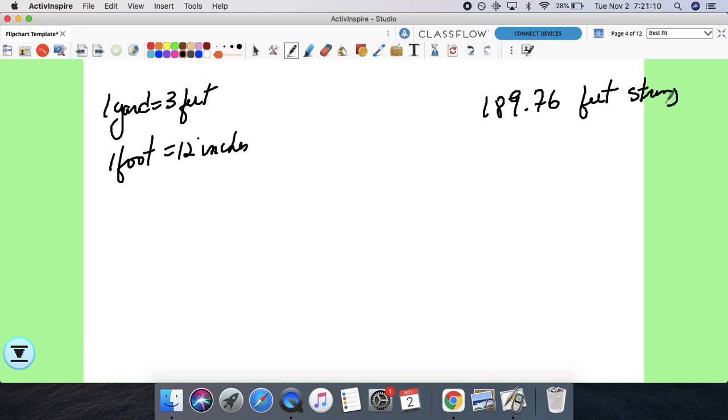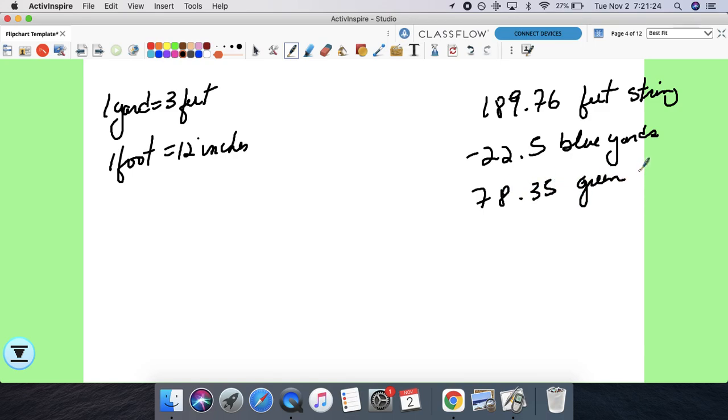From that we're going to subtract 2.5 yards of blue, 78.35 feet of green, which is already in feet so we don't have to change that, and then 900 inches of what color?